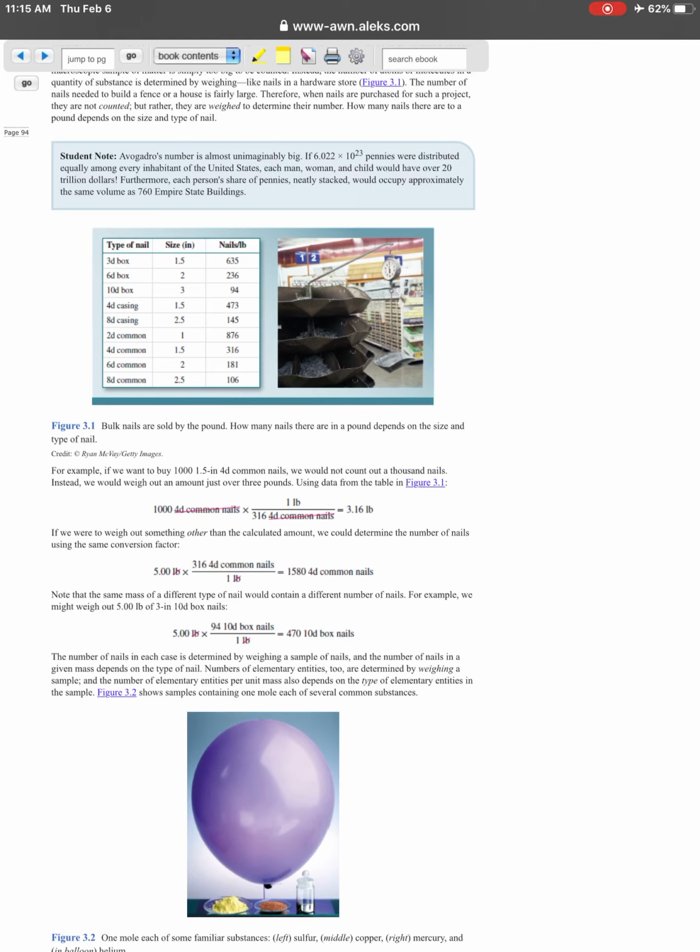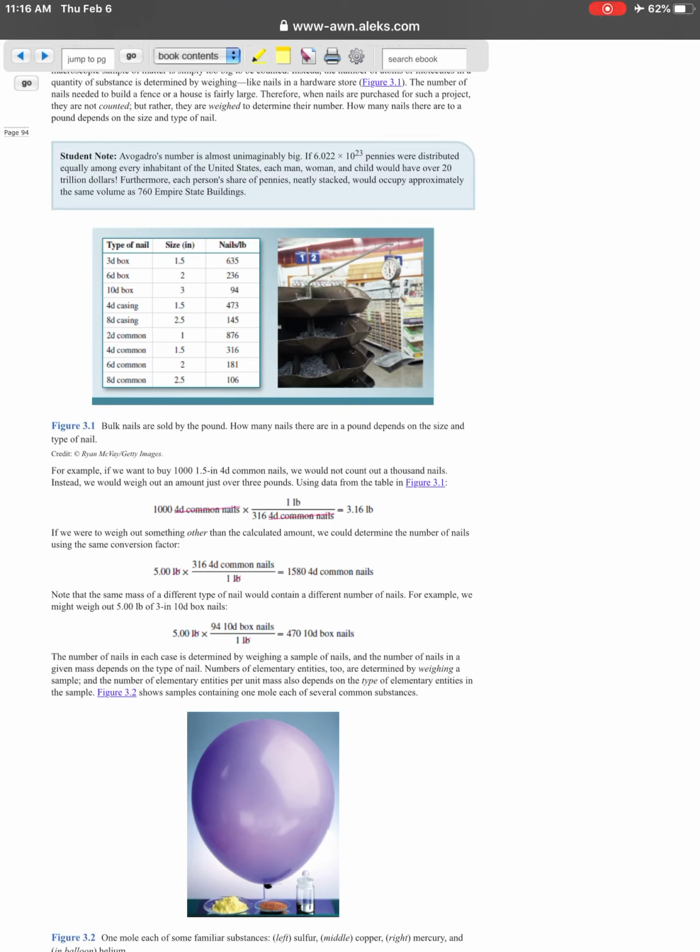And the size of it is 1.5 inches. And here's how many nails you would get in a pound. So in the factory, they would actually measure these. They'd make these nails as close to the same size and mass as they could. And what you'd find is that for that particular type of nail, you would get 635 nails in a pound of those nails. So the logic here then is that if you weigh the nails out, you're essentially counting them.